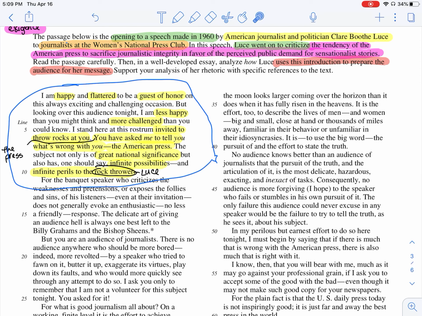It's your job as writers, as analyzers, to see and really call out that tension that's present there. The tension here is clear. She's a peer, she's a fellow journalist, she reveres the people that she's about to criticize, and she has to acknowledge that. And there's a very awkwardness to this first paragraph.